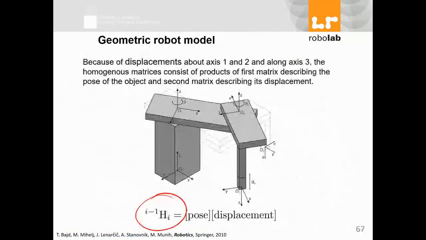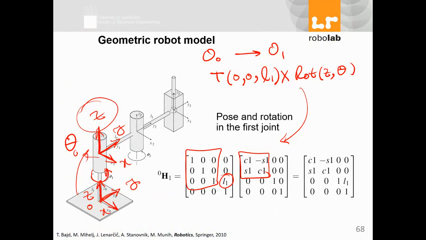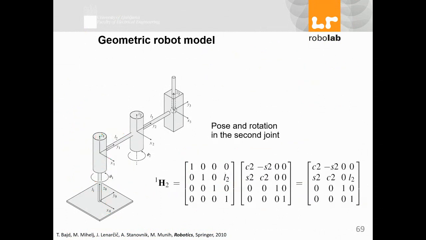So going back to my original, here is moving from here to here with the rotation. That will be your transformation from 0 to 1, from coordinate system 0 to coordinate system 1.